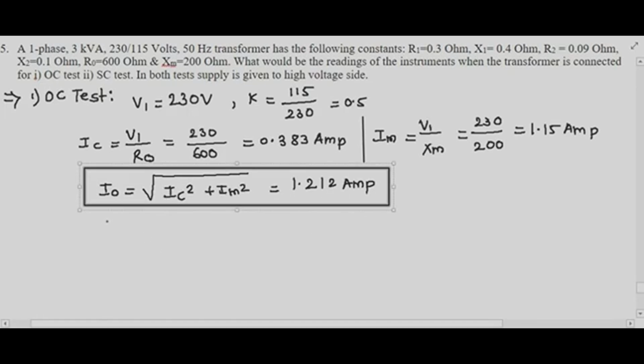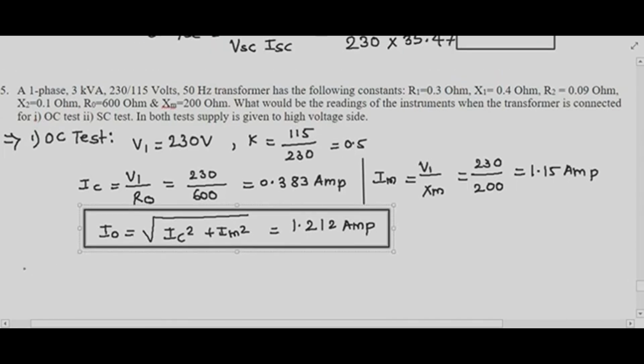Why did we find the I0? Because now we have to find out the meter readings which are connected on the primary side and the secondary side. Now students, what is input on no load to the high voltage winding?